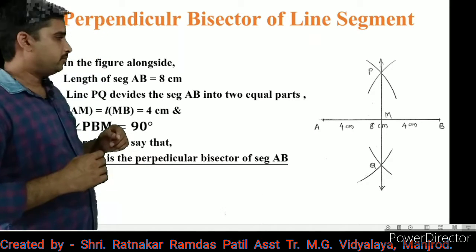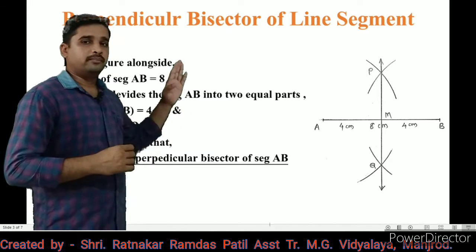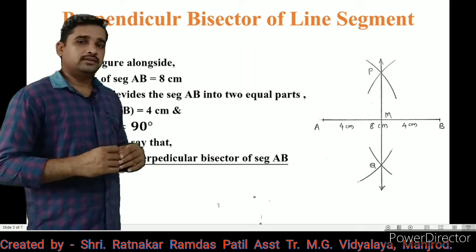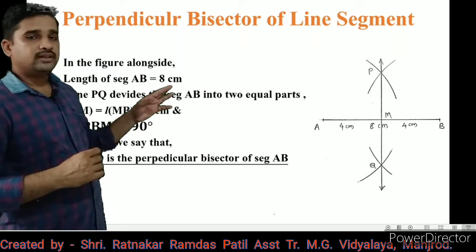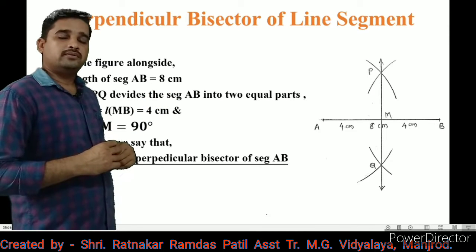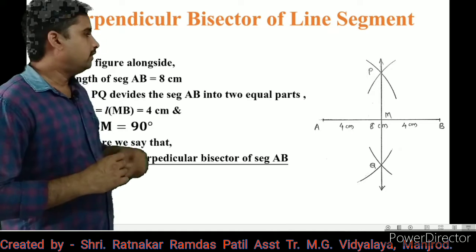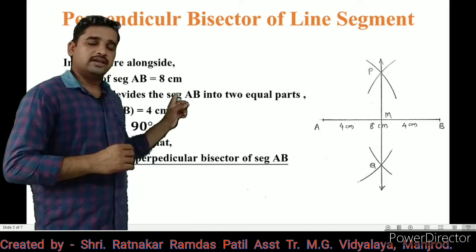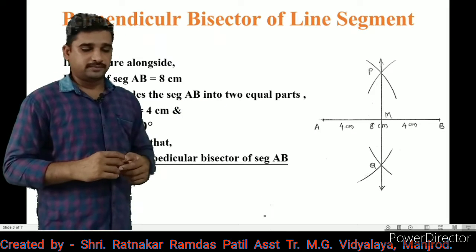And if you measure angle PMB using a protractor, the measurement of this angle is also 90 degrees. From that we say line PQ is the perpendicular bisector of segment AB.